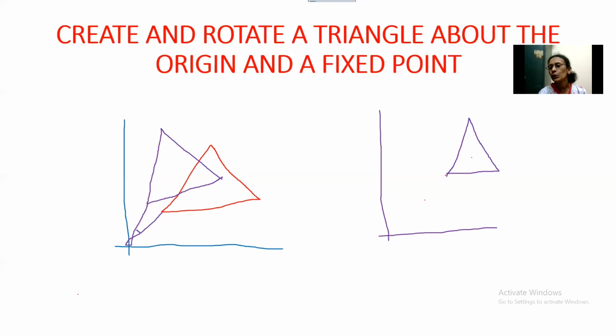Then I have to rotate it now about this point. Say I take this line. Now this is say 20 degrees.